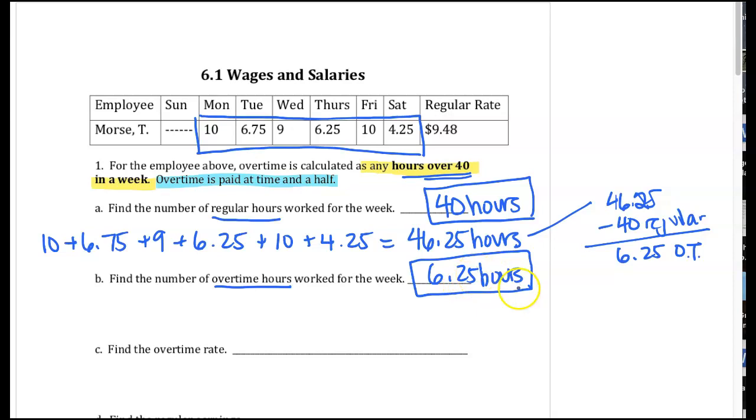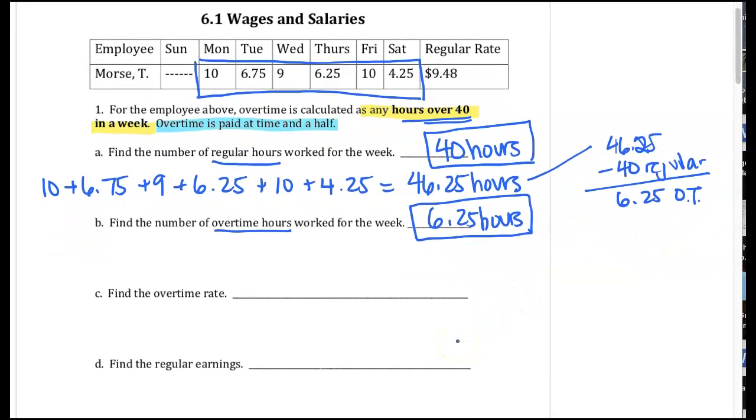Part C is asking to find the overtime rate. When you work overtime, you get above your regular rate of pay. Our regular rate of pay is $9.48. To calculate our overtime rate, the directions tell us that overtime is paid at time and a half.